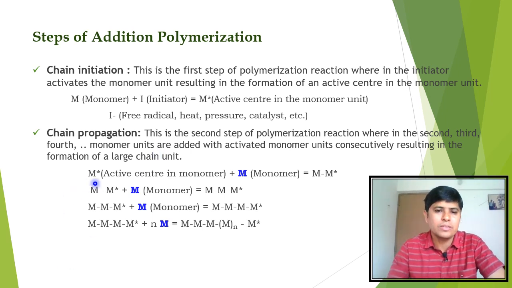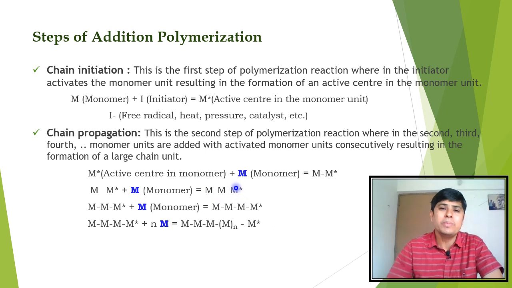See here, this is the first monomer unit, which is activated by this initiator. Now a new monomer will come and be added to this activated monomer, forming a chain of two monomer molecules, in which one unit is activated. Then the third monomer will be added, forming a chain of three monomer units, and so on.